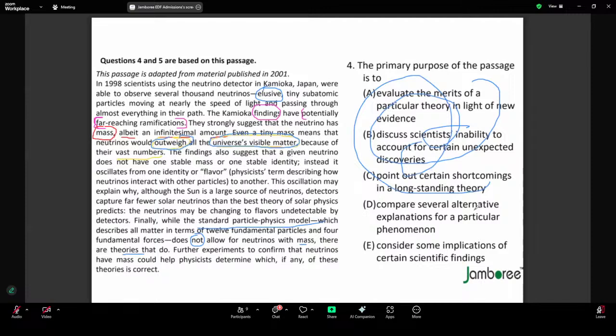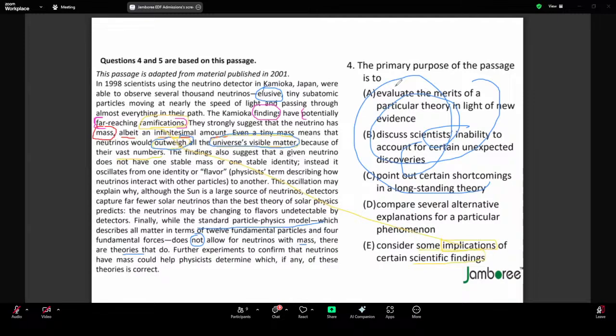Compare several alternative explanations for particular phenomena. Consider some implications. Implication is just another word which they had used for us as well, which is ramifications, consequences. Consequences of certain scientific findings.